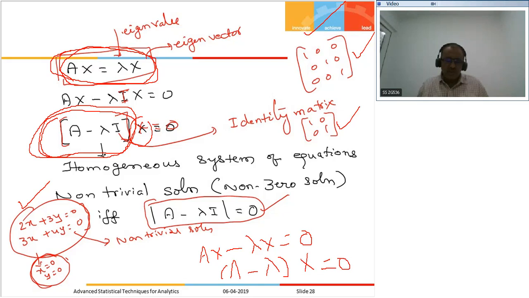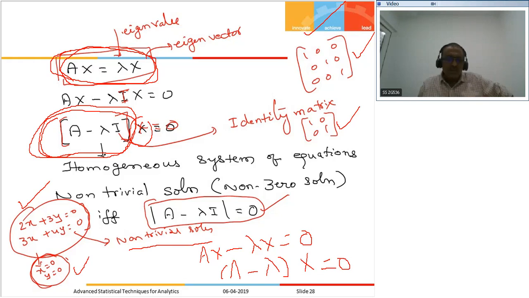Based on the concept we had in matrices, we had two types of solutions. One is the trivial or zero solution, the other one is the non-trivial solution. So this homogeneous system will have a non-trivial solution when the determinant equals 0.